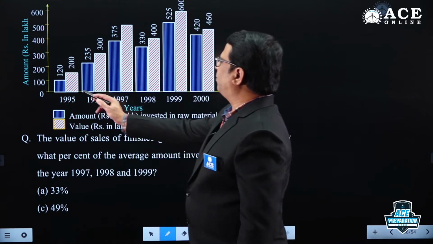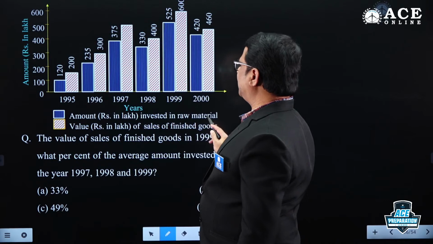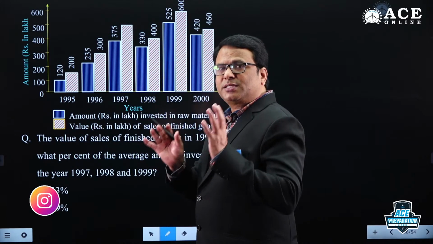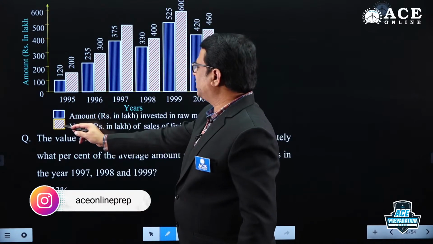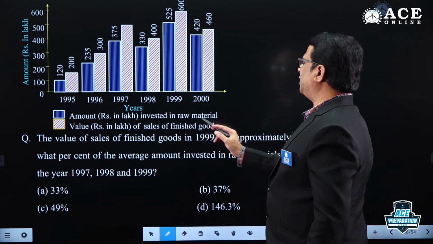This blue graph is for the amount in lakhs invested in raw material. So how much amount is invested in raw material is given by this blue color bar. Then what is this one? Value in lakhs of sales of finished goods.